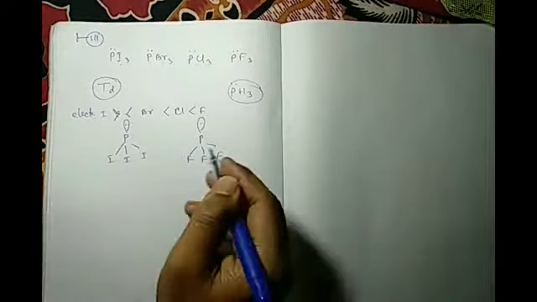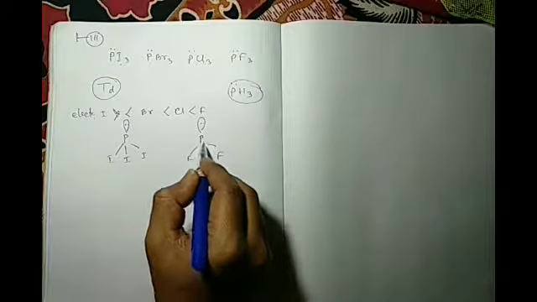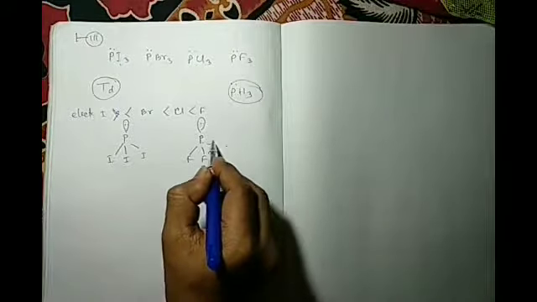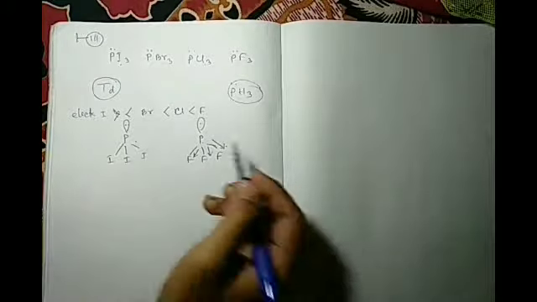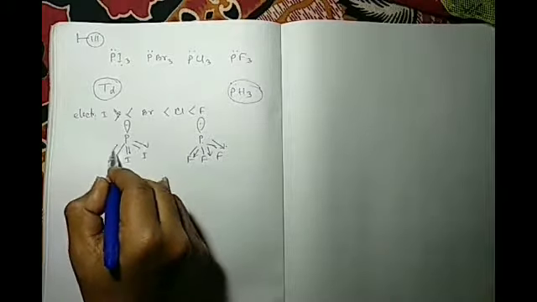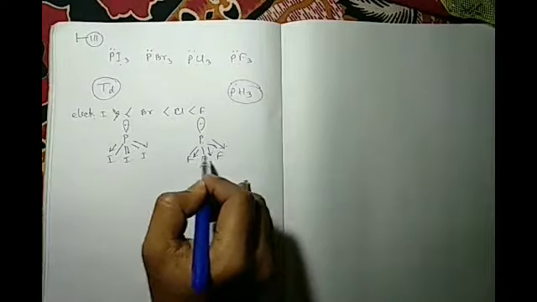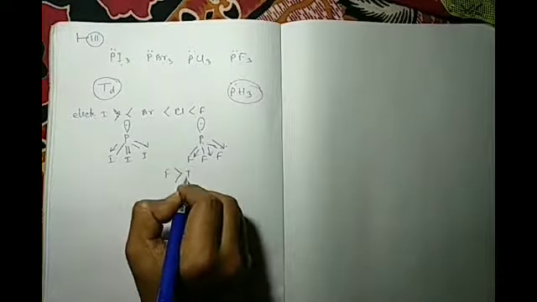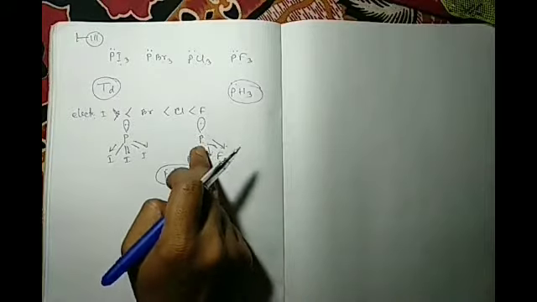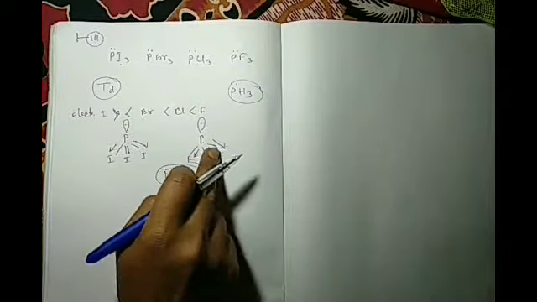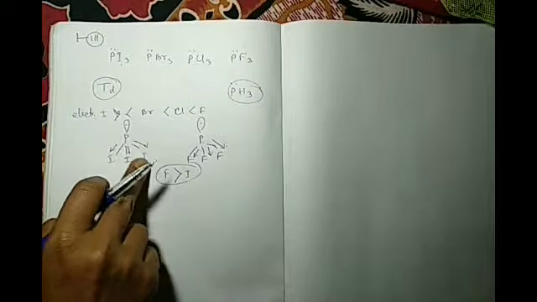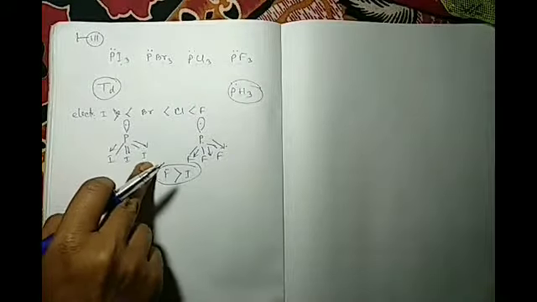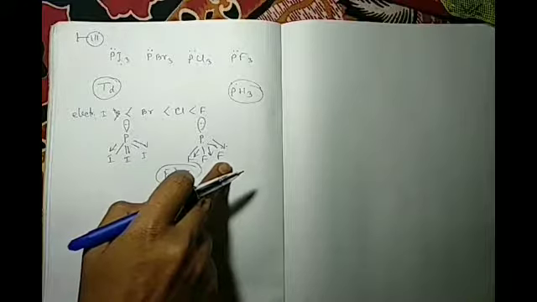So now at first, the P-F bonds are disoriented due to dipole moment, and this is also disoriented. So F is more electronegative than I. So F attracts the bonded electron pair more towards itself, but I attracts the bonded electrons less than the fluorine.